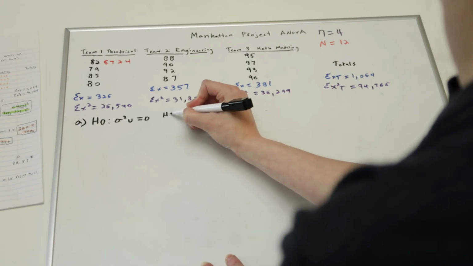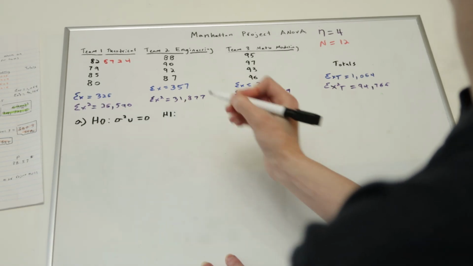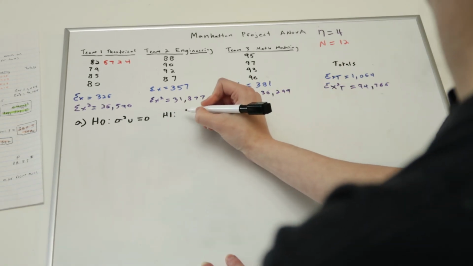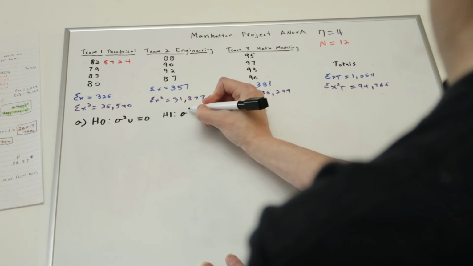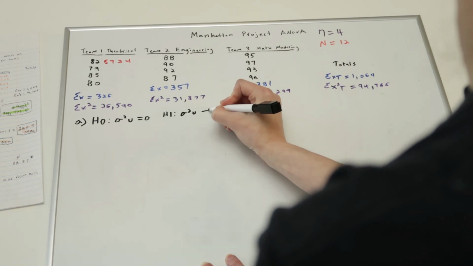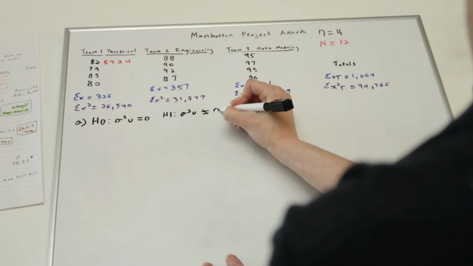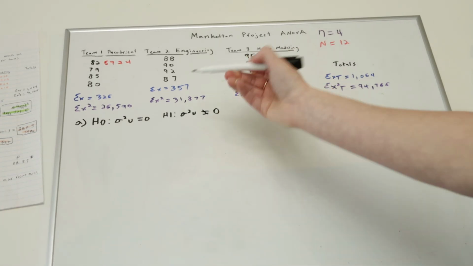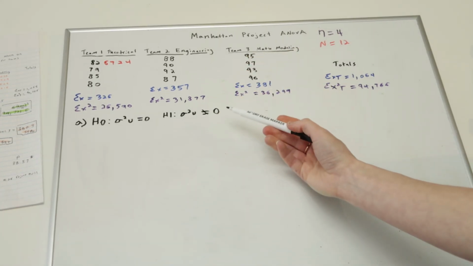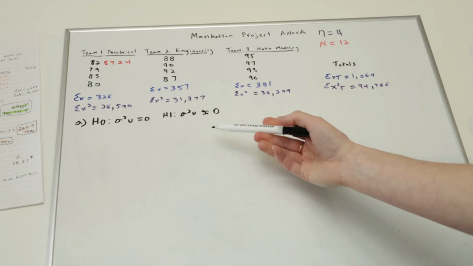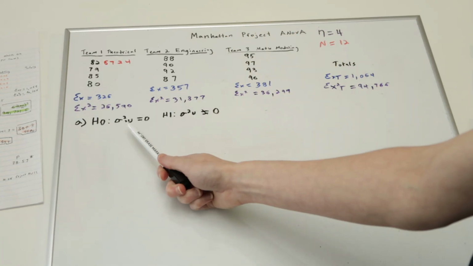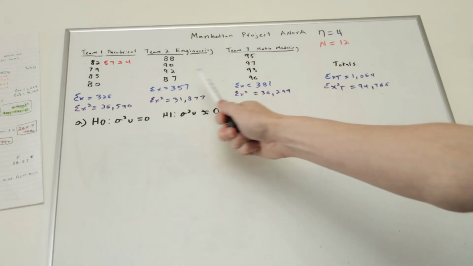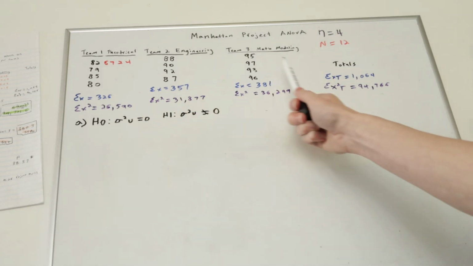Then you get H1, which is your alternative hypothesis. And in this case, it's saying it's not equal to 0. The variation does not equal 0. So it's saying there is variation. This one is saying all of these teams are not going to vary.